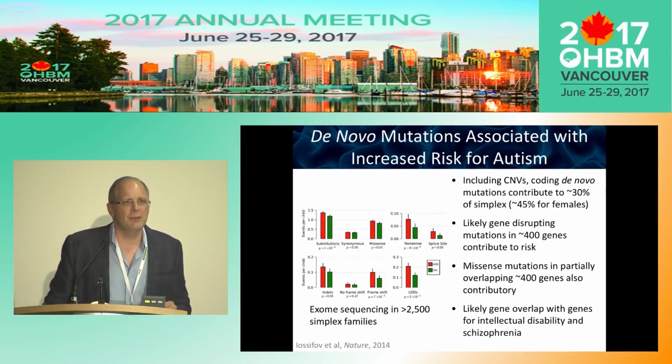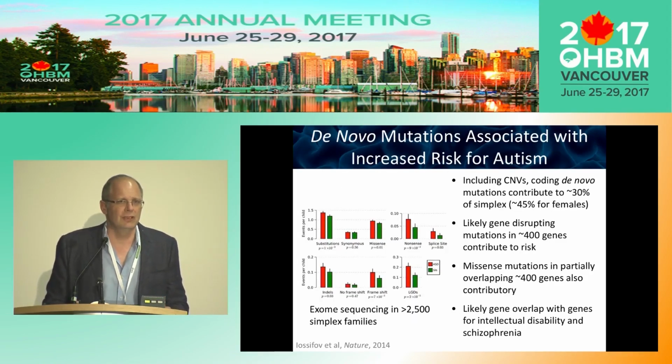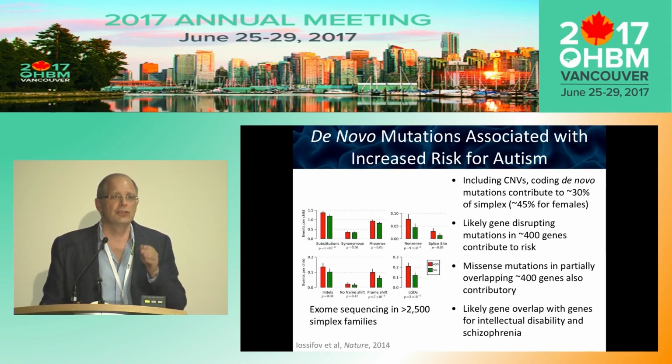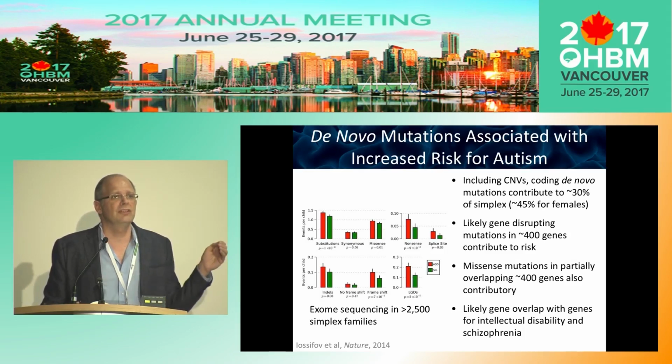Okay. Probably the best data we have is actually from the work in autism, where they took parents of individuals with autism and then their children, and they did exome sequencing, and they searched for those things that were different in the children, the de novo mutations in the children relative to the adults.